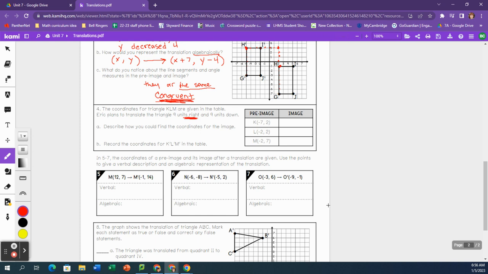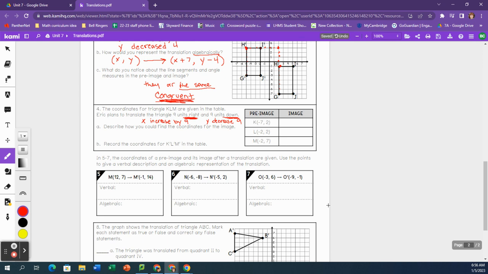How could you find the coordinates for this unit? Okay, so X is going to increase by 9, but then we're going to go down. So Y is going to decrease 9.